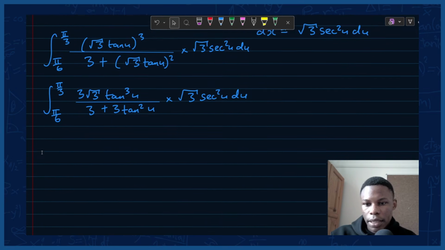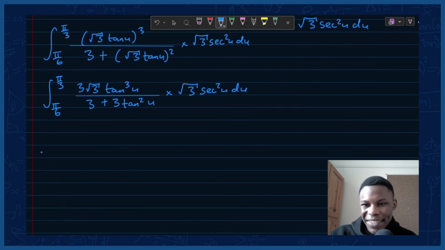Okay, and now let's factor out a 3 in the denominator, because I can see it will cancel out with that 3, and it will also allow us to use an identity.